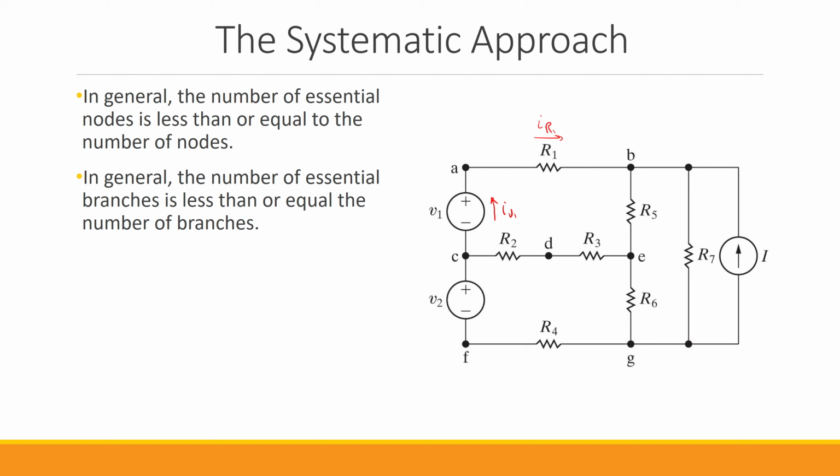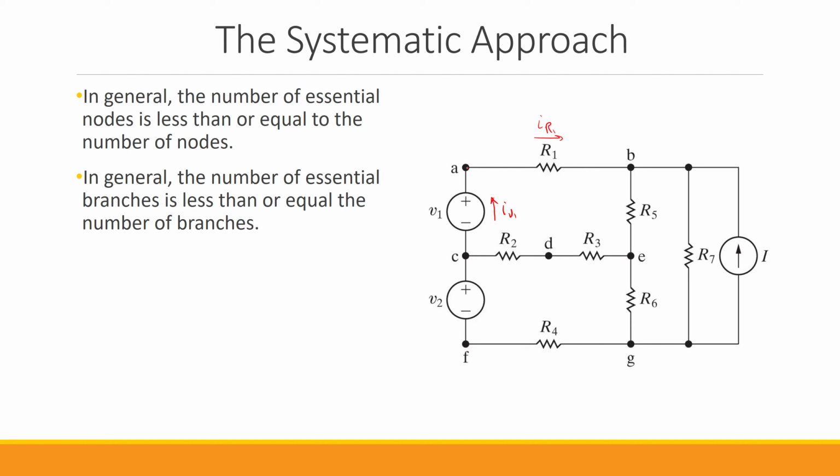In general, the number of essential nodes is less than or equal to the number of nodes in a circuit. Also, the number of essential branches is less than or equal to the number of branches. So now the definition that we had before for nodes versus essential nodes, and for branches versus essential branches, makes more sense.